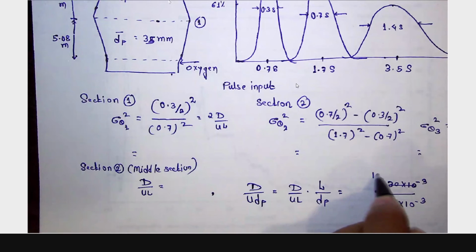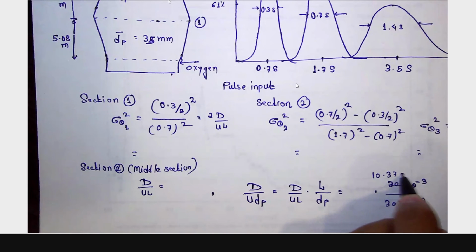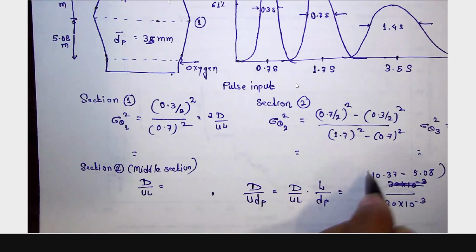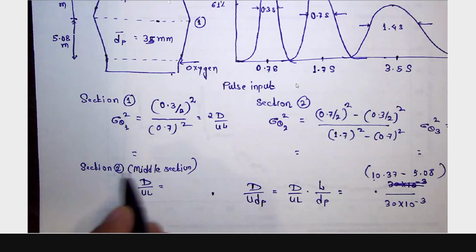10.37 minus 5.08. Is it? Sigma theta square is 0.20 and 0.0417 is the dispersion number, I think so.